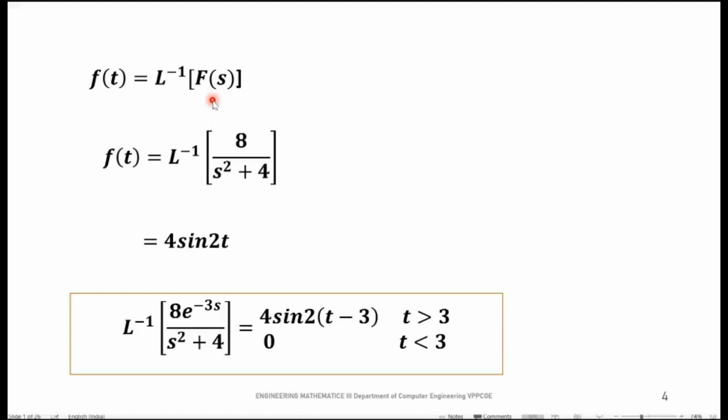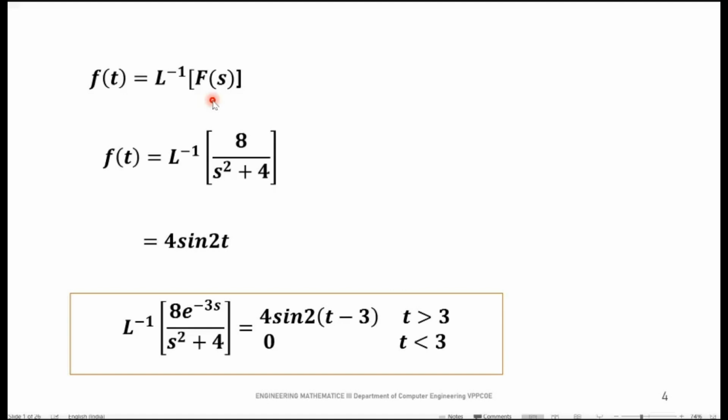Clear? Any doubt in this problem? It's only a two-step answer. We have to find the inverse of f of s, write the value of a, and substitute here. Sometimes, to find f of t, we may have to use different properties, but otherwise it is only calculating L inverse of f of s and writing the value of a.